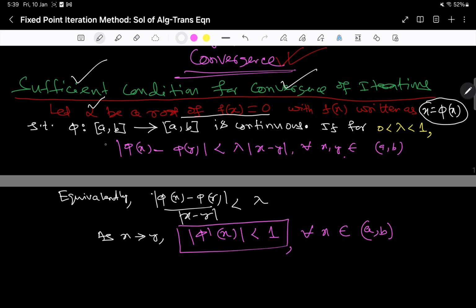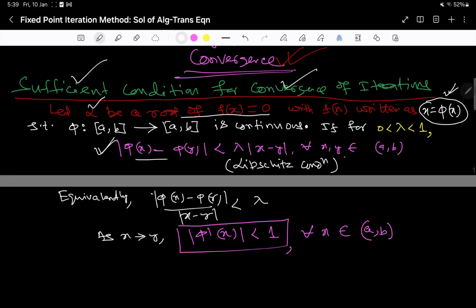Now if this condition holds, this condition is called the Lipschitz condition. If this condition holds, then we say that this iteration method will converge. This formula will converge to the root.